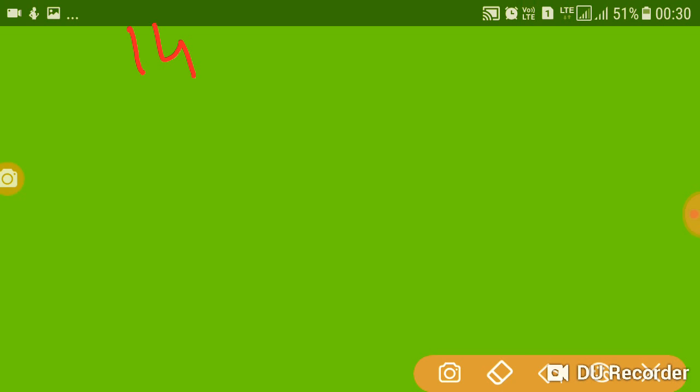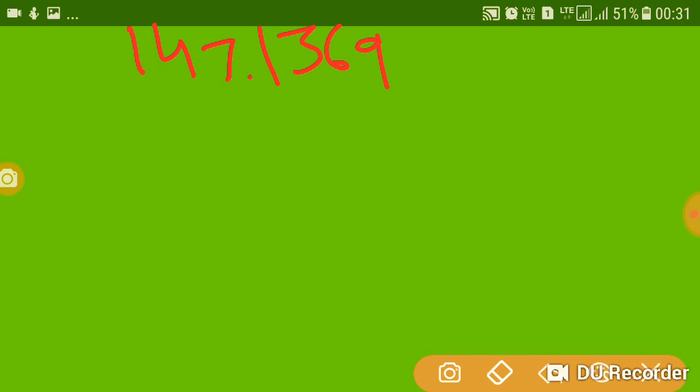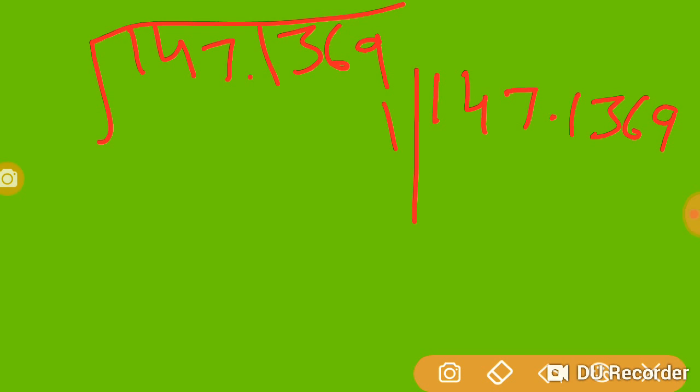Let us see one example. For decimal numbers, if we have to find the square root of 147.1369, we will divide the number with the division method.